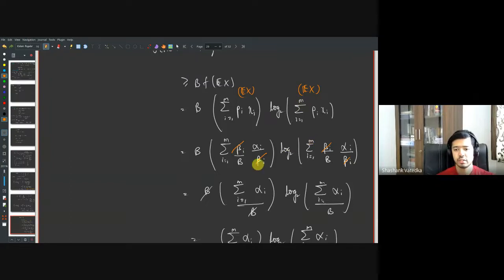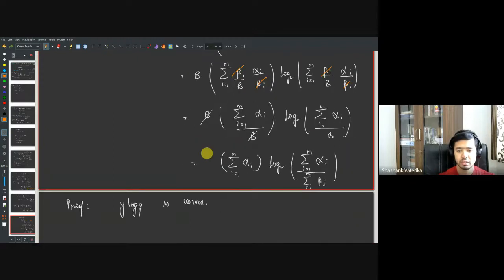All right, and then it's just simplification. I cancel out the beta i's, I cancel out the capital B's, and that gives me summation over i of alpha i log summation over i of alpha i by summation over i of beta i. Okay, any questions?